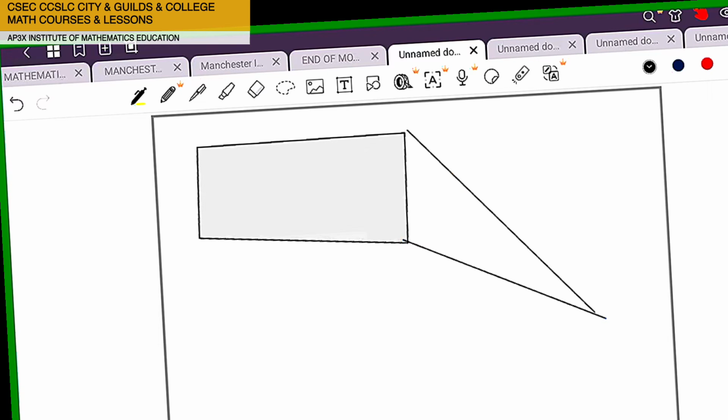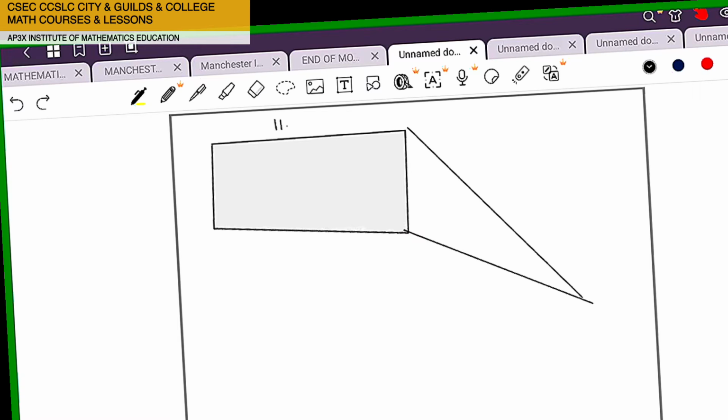All right, so I have that shape here on screen, and I'm gonna put some measurements on it. I'm gonna put this to be 11.3 centimeter. I'm gonna put this to be 5.5 centimeter.